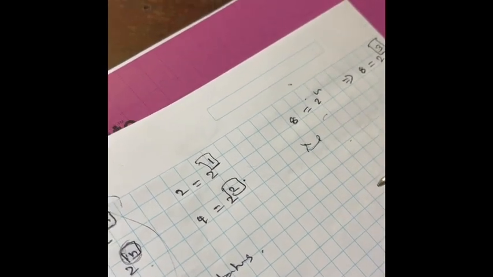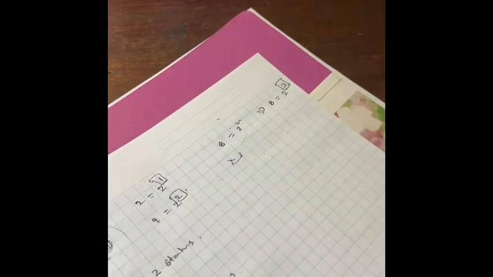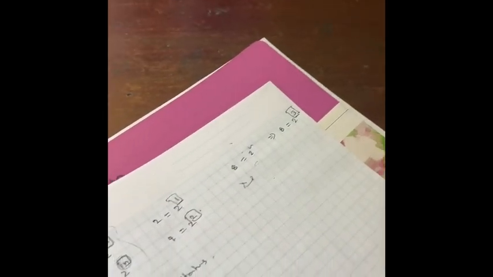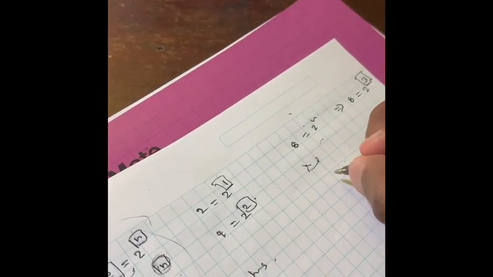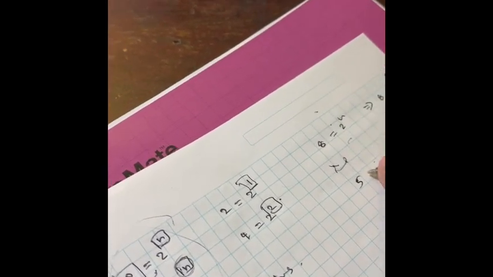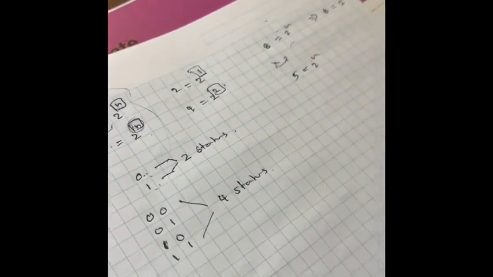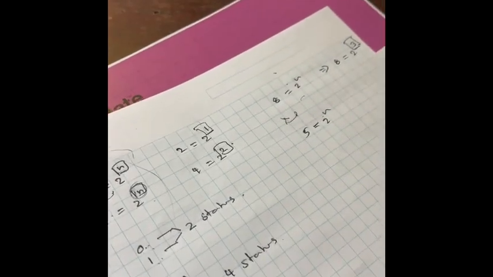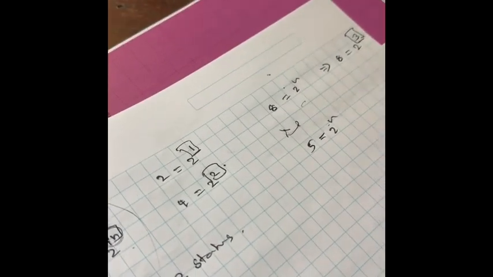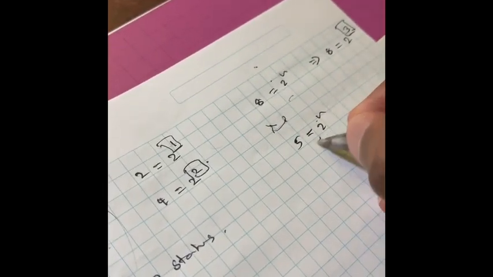So let's say it's not exactly equal to 2 to the power number. So let's say it's 5. You need to make 5 networks, but you don't have a 2 to the power number being equal to 5, but you do have the closest number, which is 4.